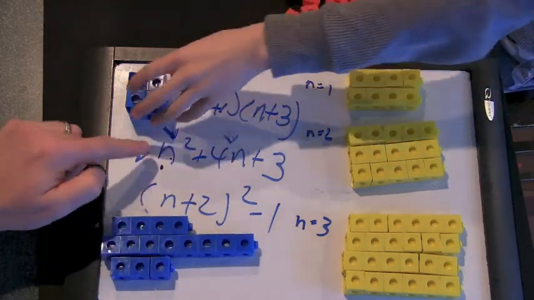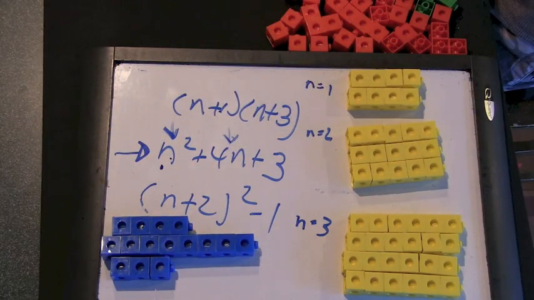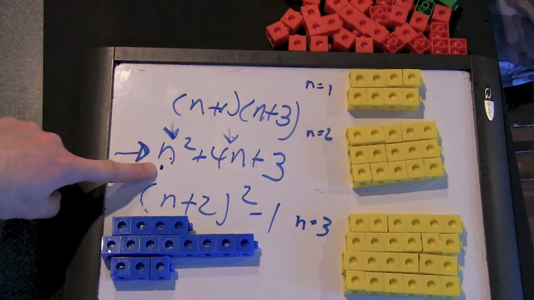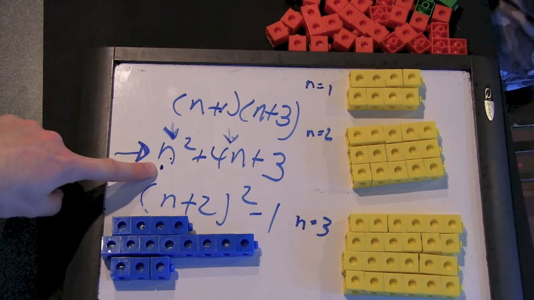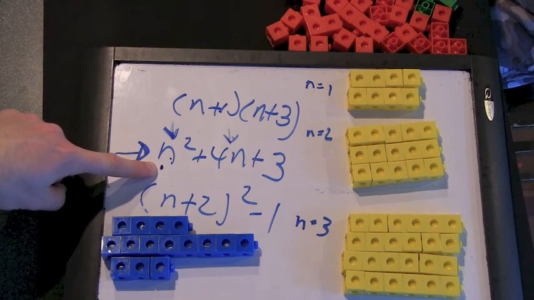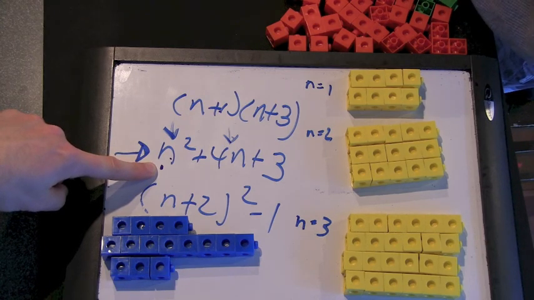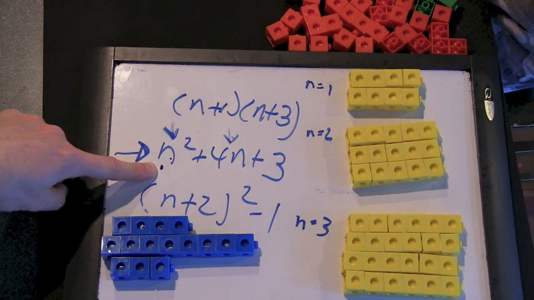Ooh, okay, you want to go back and do that for n equals 1? N is 1, so we have n squared, 1, 4n would be 4, plus 3 is 3.